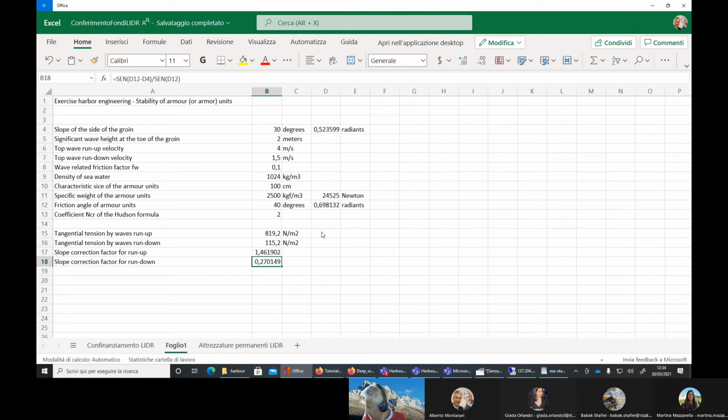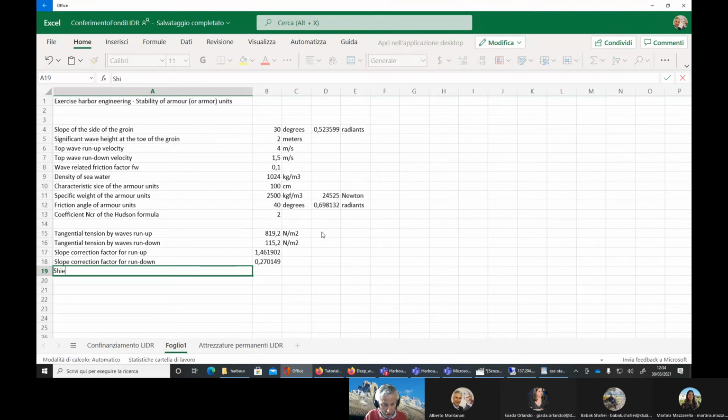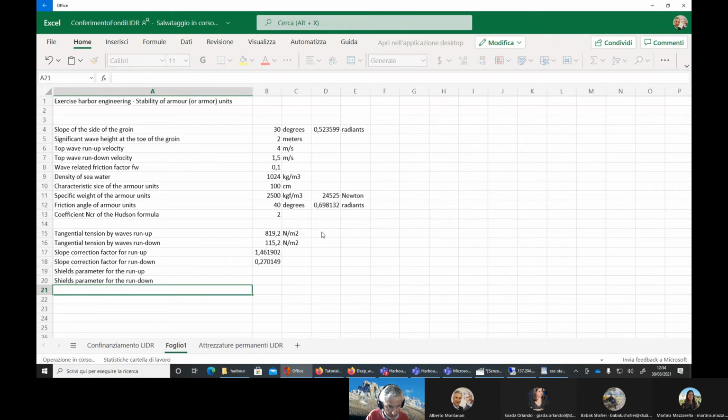Okay. Now we can compute the Shields parameter. So Shields parameter for the run up, and then here the Shields parameter for the run down. Good.